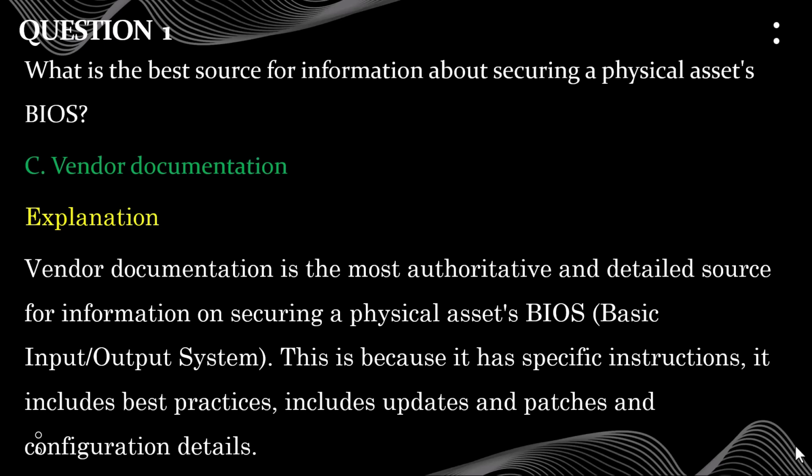For the other options that were initially listed for security policies, manual pages and regulations, while they are useful in certain contexts, they do not provide the same level of specific and practical information for securing the BIOS. So that's why we are going with option C, vendor documentation.